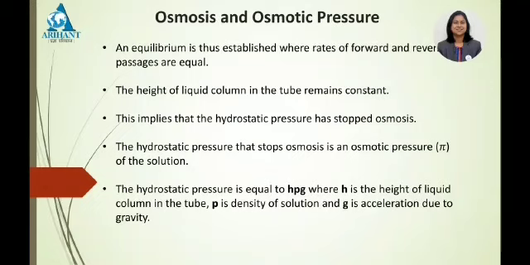So the height of the liquid column in the tube remains constant. This implies that the hydrostatic pressure has stopped osmosis. Then the hydrostatic pressure that stops osmosis is the osmotic pressure of the solution, and we abbreviate it as pi.